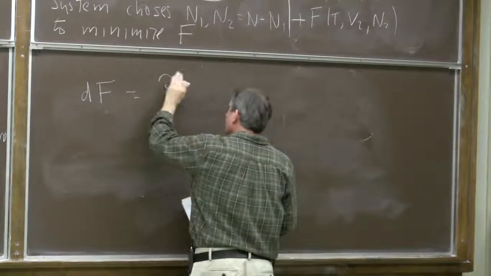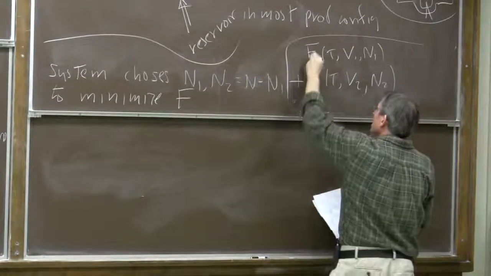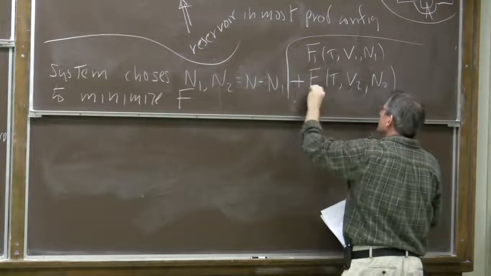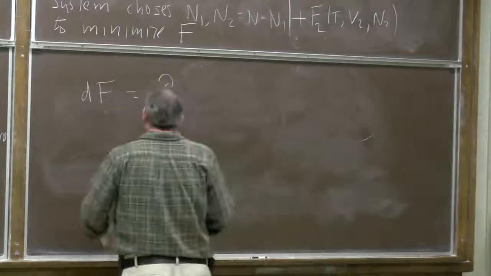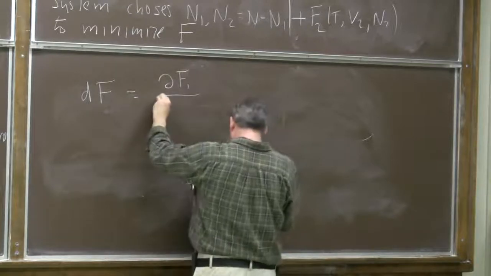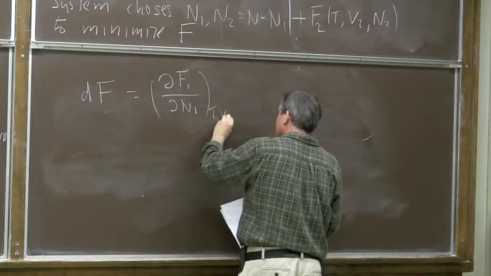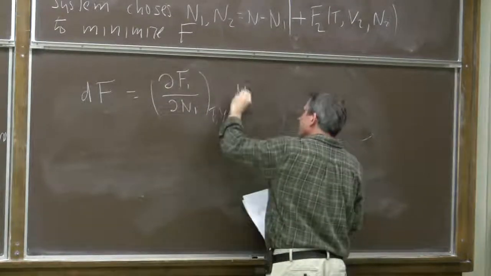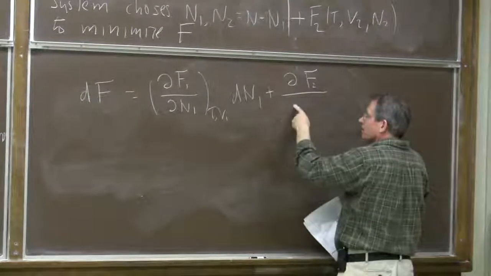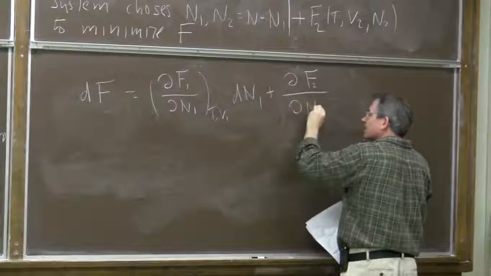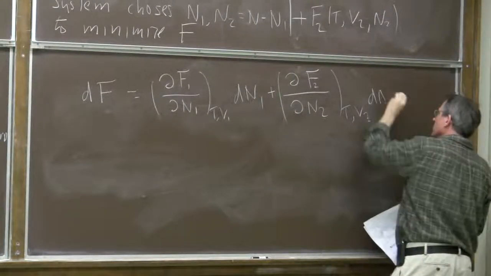It'll be the derivative of, maybe I should call them, to avoid confusion, F1 and F2, the derivative of F1 with respect to number of particles with temperature and volume fixed, dN1, plus the partial derivative of F2 with respect to N2 with temperature and volume fixed times dN2.